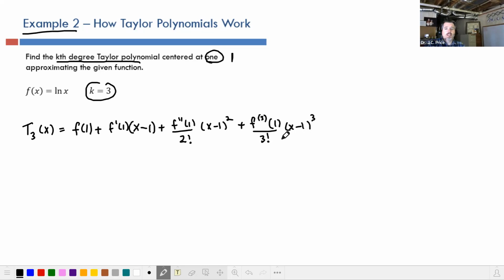So that's the 3rd degree Taylor polynomial. And understand, it's not that hard to remember because you're just using the function and its derivatives.